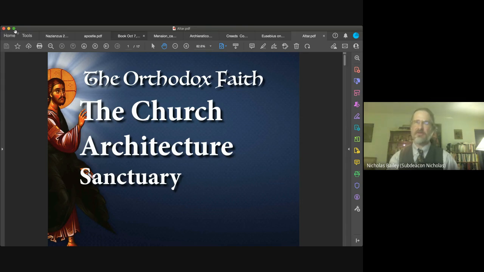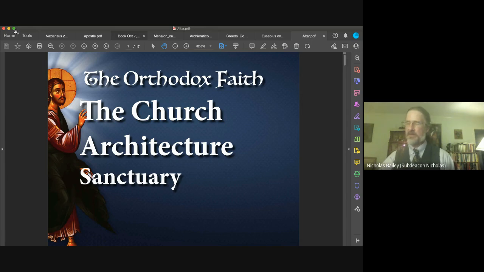You can see this at St. Simeon's, the Greek Orthodox Church in Birmingham. Directly in front of the royal doors is a curved section that represents the rock in front of the tomb, the stone that was rolled away, and so that's why it's curved there.